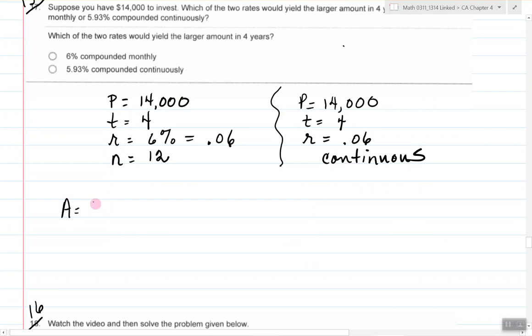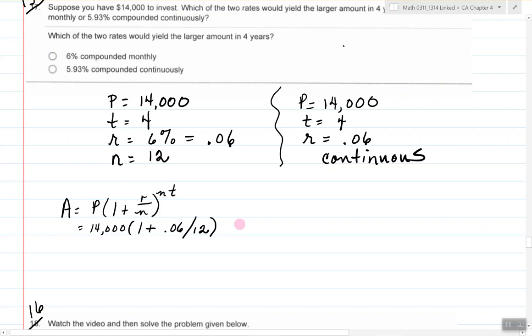A is equal to P times 1 plus r over n, raised to the nt power. So that is 14,000, open parentheses, 1 plus 0.06 divided by, because it said monthly, that will be a 12, close.